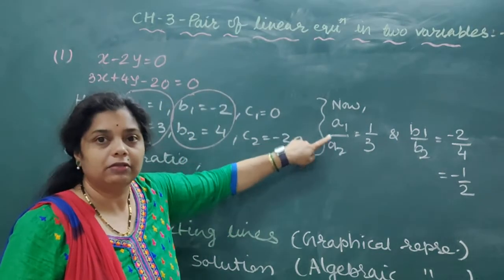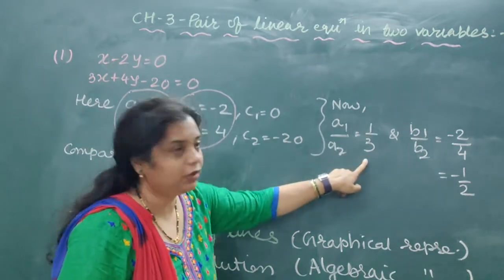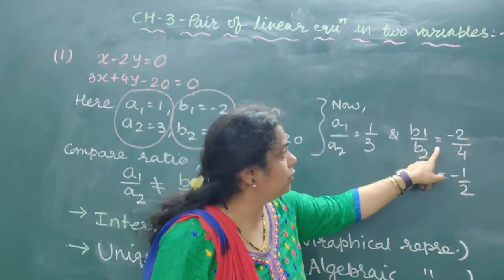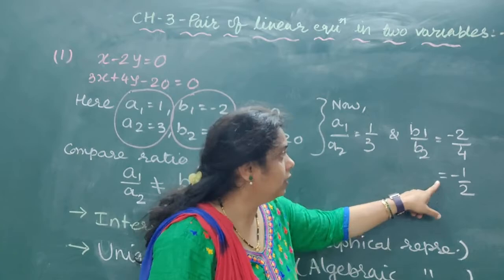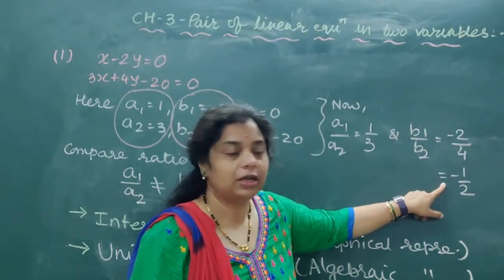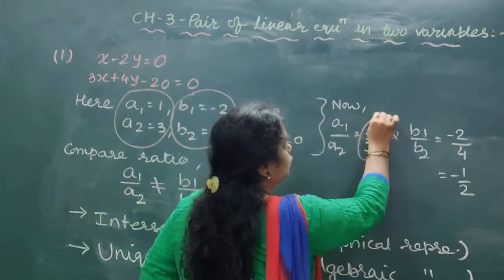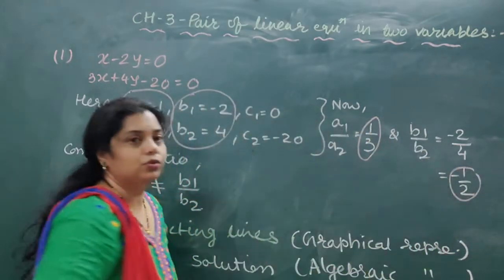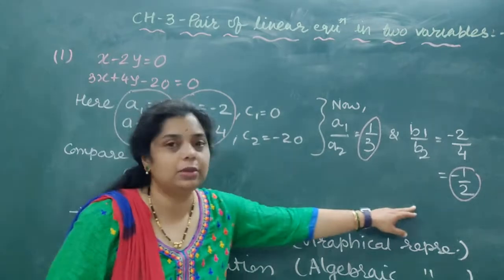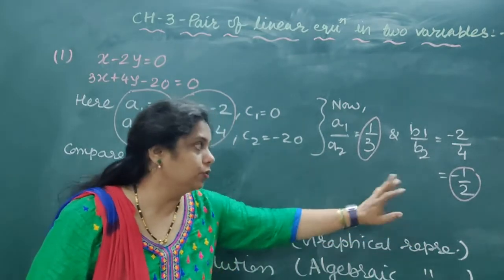Here I got a1 by a2 is 1 by 3 and b1 by b2 is equal to minus 2 by 4. And if I cancel out the common factor, finally I got minus 1 by 2. So if you see the ratio, a1 by a2 is 1 by 3 and b1 by b2 is minus 1 by 2.